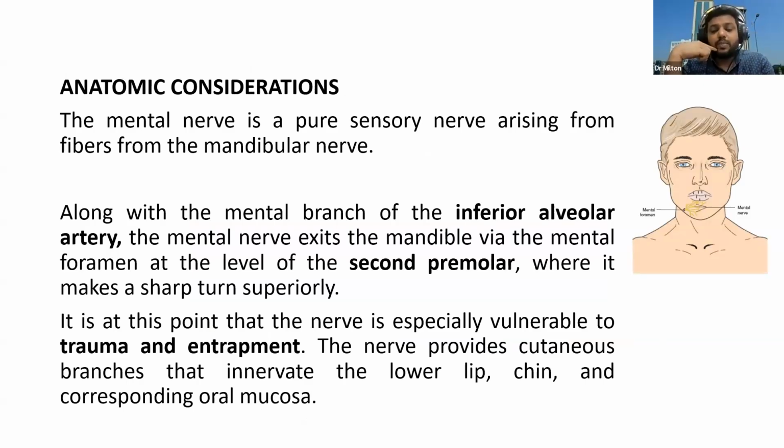Here you can see, if you hold your probe over here, there is the breathing and there is the arterial pulsation, and just beside the arterial pulsation there is the nerve.